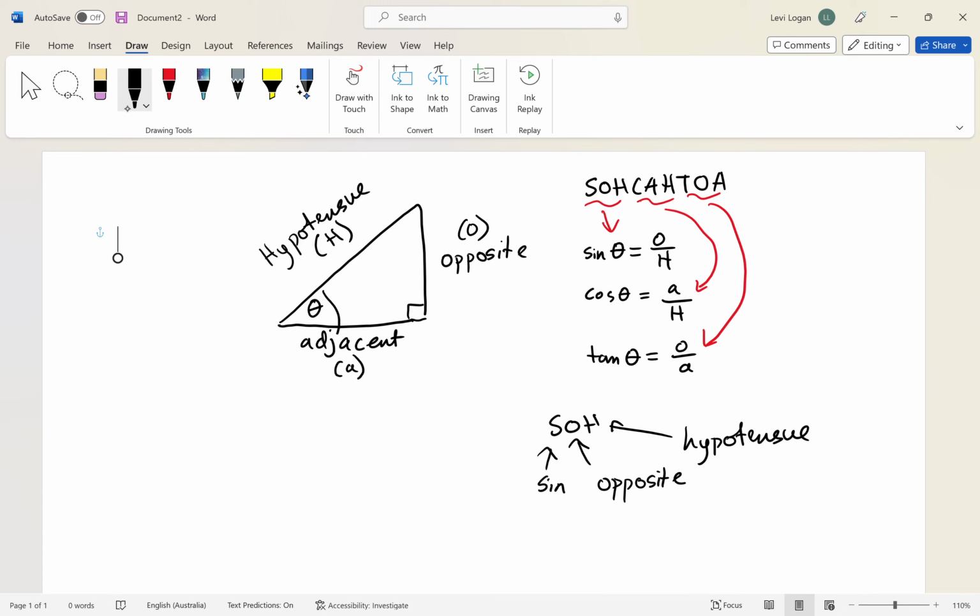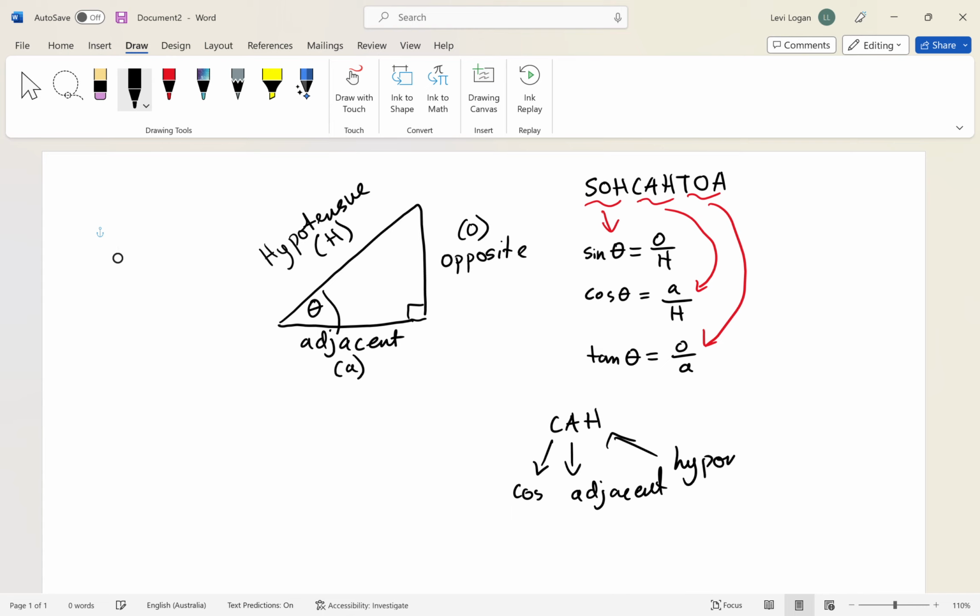Okay? Same with this part here. CAH, that corresponds to cos, that corresponds to adjacent, and that corresponds to hypotenuse. Okay?